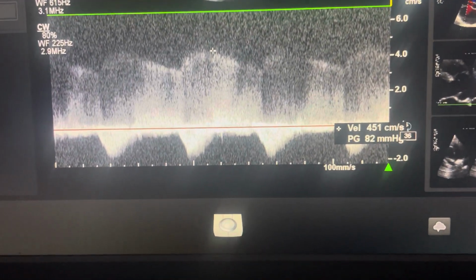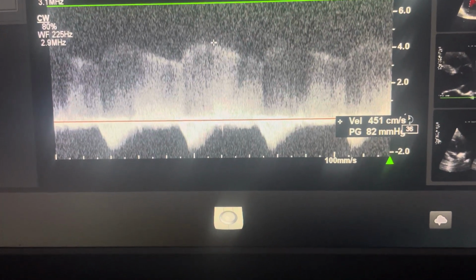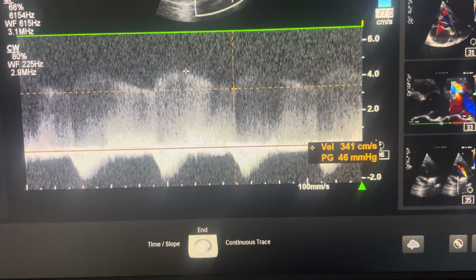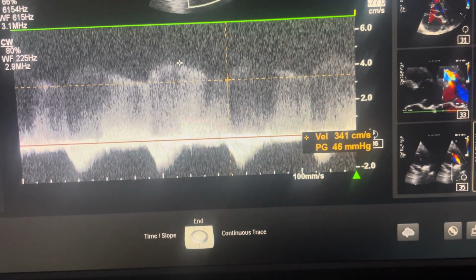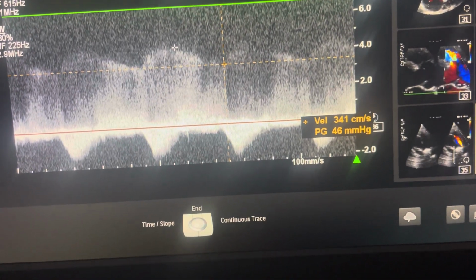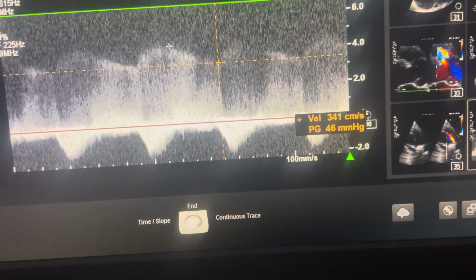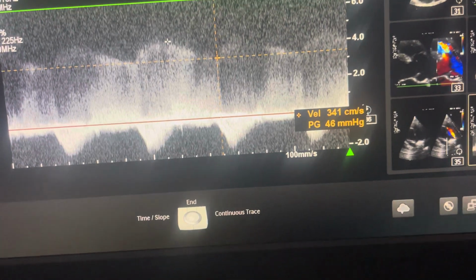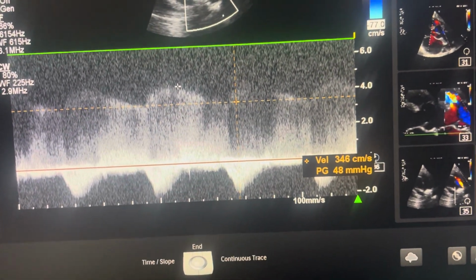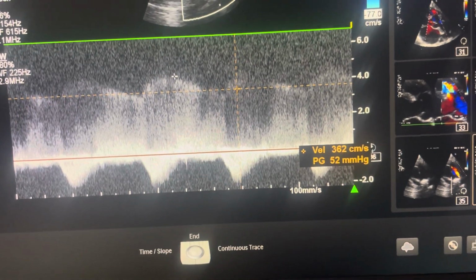Even the diastolic gradient, the minimum gradient you see, is also very high. That means the patient does not have any pulmonary artery hypertension. If there is pulmonary artery hypertension, then peak gradient and mean gradient both will decrease. So this case does not have any pulmonary artery hypertension. At the same time, PDA is restrictive in nature.